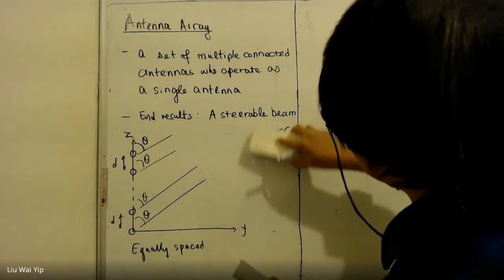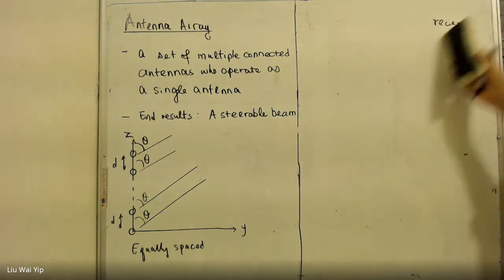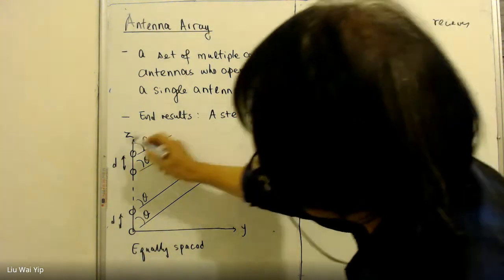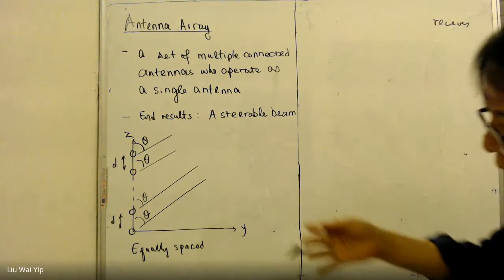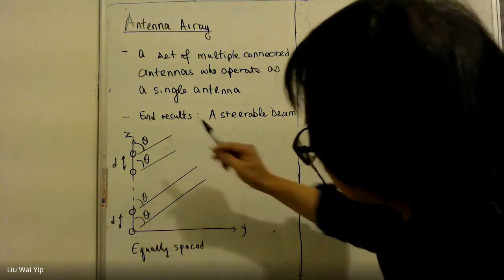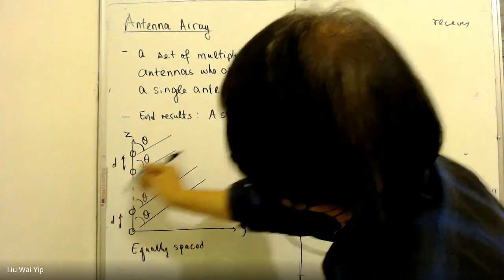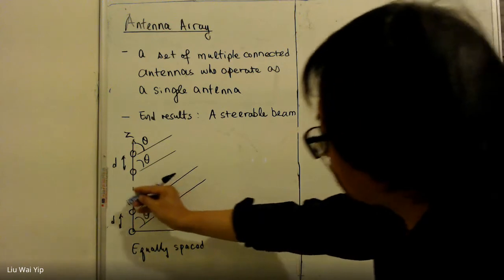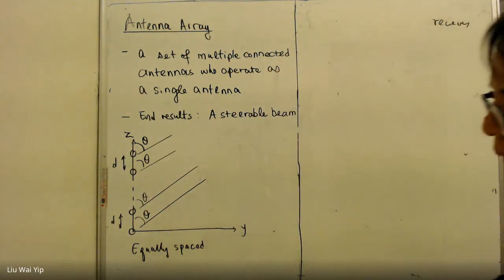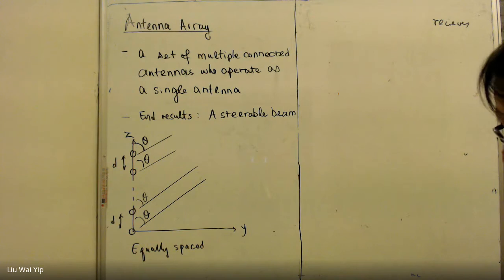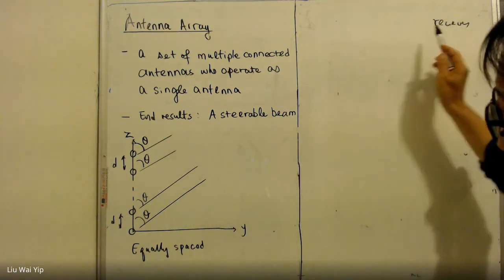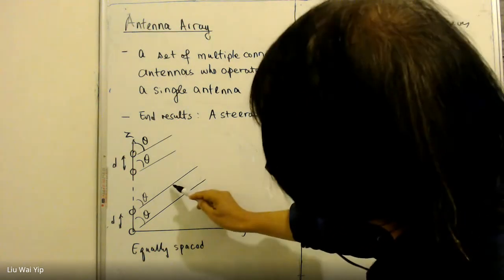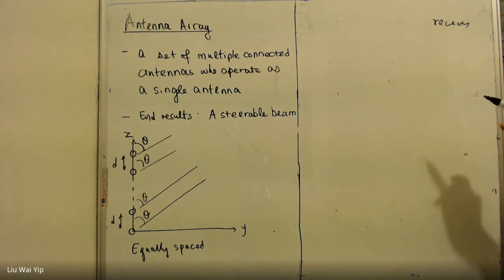So if the distance is far enough, from the microscopic point of view, you may end up with something in parallel. The radiation is running in parallel. This one is pointing to the receiver, and this one is pointing to the receiver in almost the same direction. And this one the same.